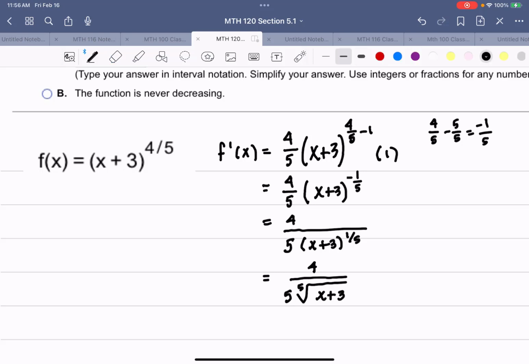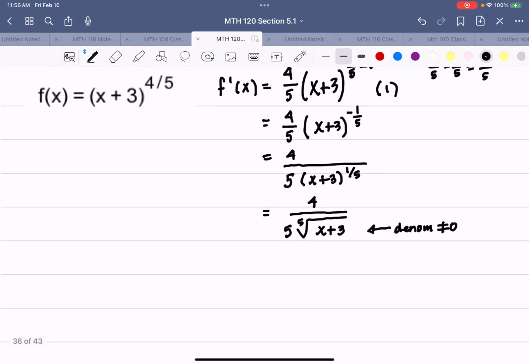Now, earlier I said that you can take the 5th root of any number, and that's true. Except this 5th root occurs in a denominator. And so this denominator can never equal 0. So we've got to find out where that would be 0. Well, 5 times the 5th root of x plus 3 would be 0 if x is negative 3.